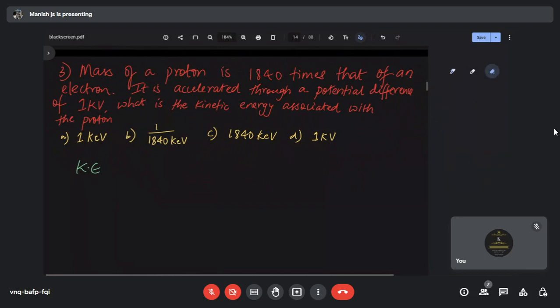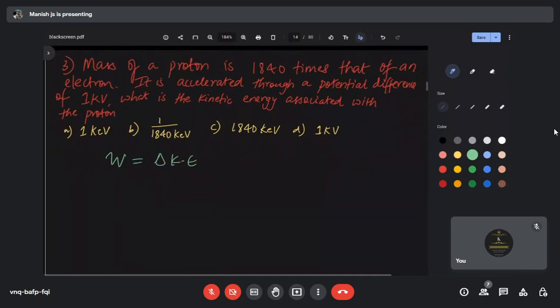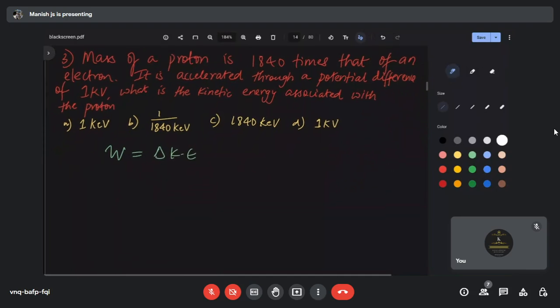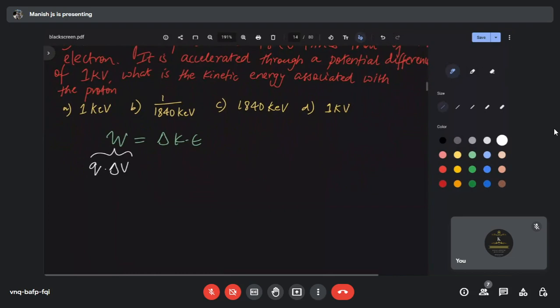What you said is right, but it comes from the work energy theorem, because work done is equal to the change in kinetic energy, 1 by 2 mv square minus 1 by 2 mu square. Here directly we apply it because you want to find out kinetic energy. So work done can be written as W is V into Q, no?